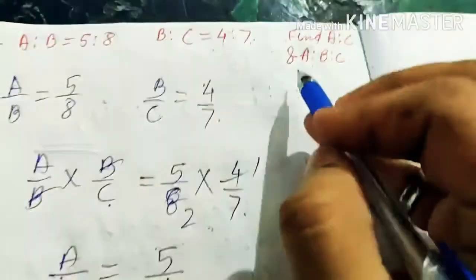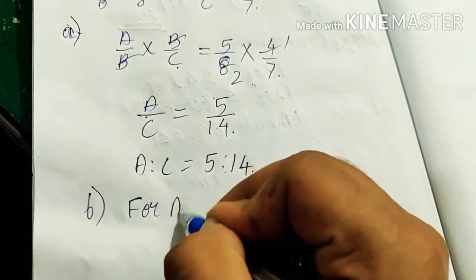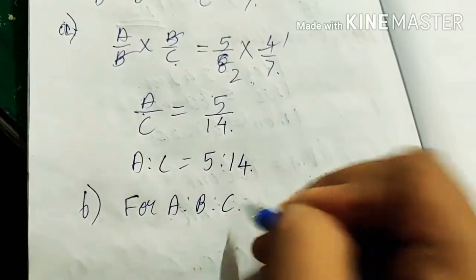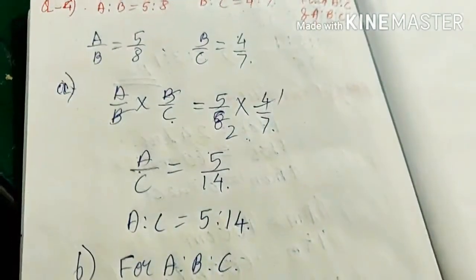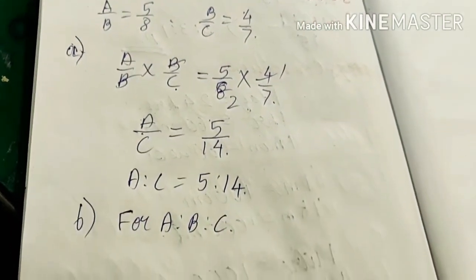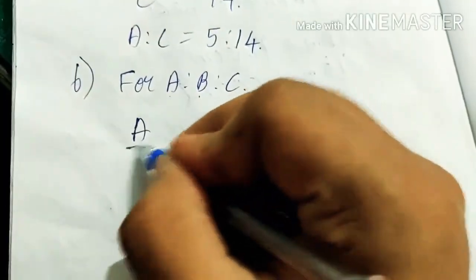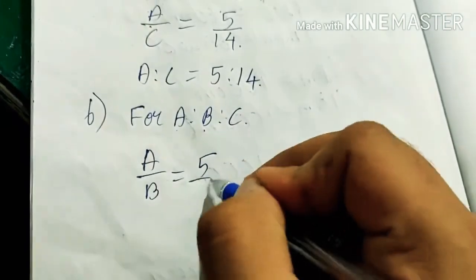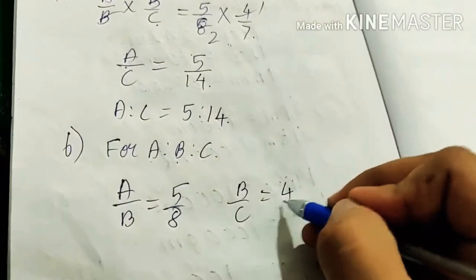The second part is we have to find A is to B is to C. You have to find this, and you were given again A upon B equals 5 upon 8 and B upon C equals 4 upon 7. If you see the value of B here, A upon B was 5 upon 8 and B upon C here is 4 upon 7.